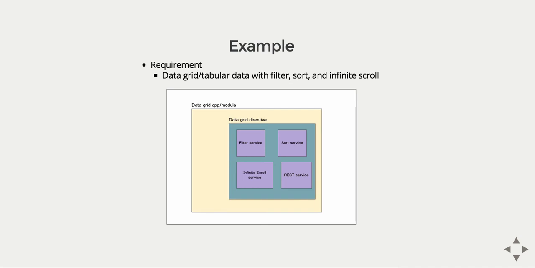By service, I mean functions, just functions that did the sorting for you, functions that did the filtering, REST calls, and infinite scroll. And that didn't work. I mean, it worked fine, but it wasn't ideal because we couldn't reuse any of those individual services or a component by itself.